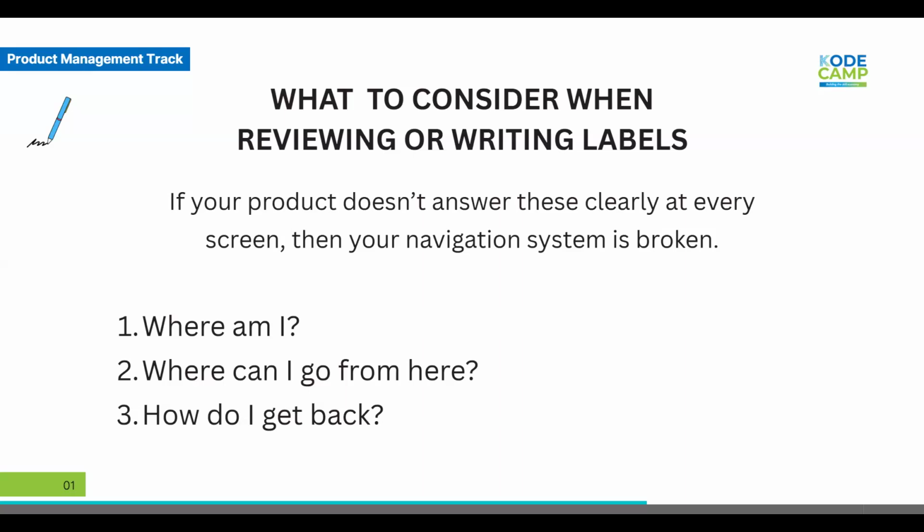It's also not just a row at the top of the screen or tabs at the bottom, right? Navigation is how your user moves through the product. It's how they get from one point to another in your product. It's how they know where they are. It's how they also know where they came from and where they are going next.